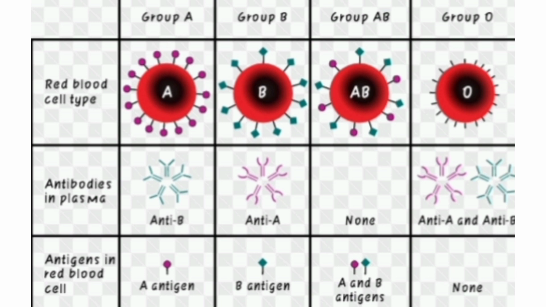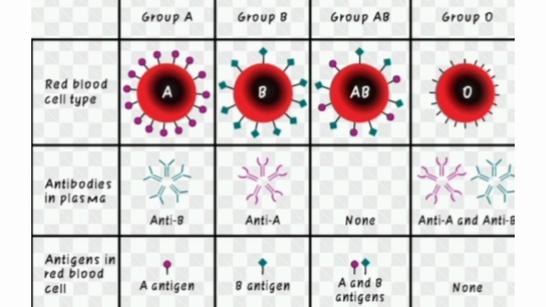In B group, antibody A is present in plasma and antigen B is present in RBC. Next, in AB group, no antibodies are present in plasma and both antigens A and B are present in RBC.